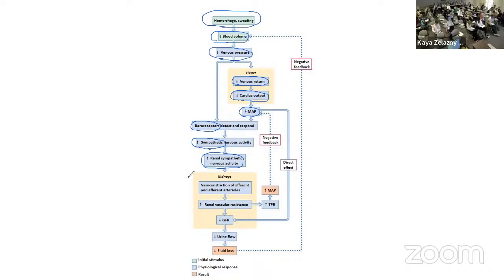In the kidneys, the response to that sympathetic nervous activity is vasoconstriction of arterioles, right? We've thought about vasoconstriction before. We're talking about arterioles; they're starting to clamp down, they're getting smaller, their radius is decreasing because of the effect of those hormones, those neurotransmitters, on the smooth muscle.